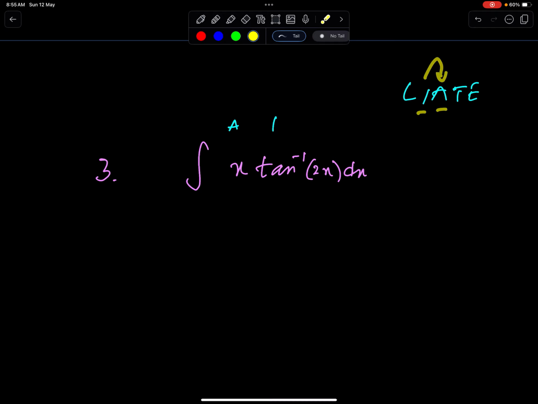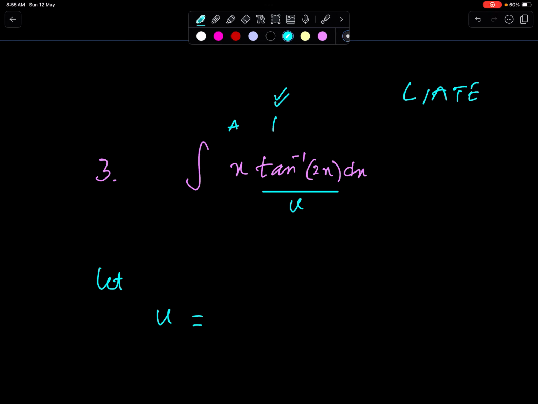See, I comes before A. So the function tan inverse is u. This is u. We just need to check which letter comes first. That letter or that function will always be u. So u is tan inverse 2x in this question.